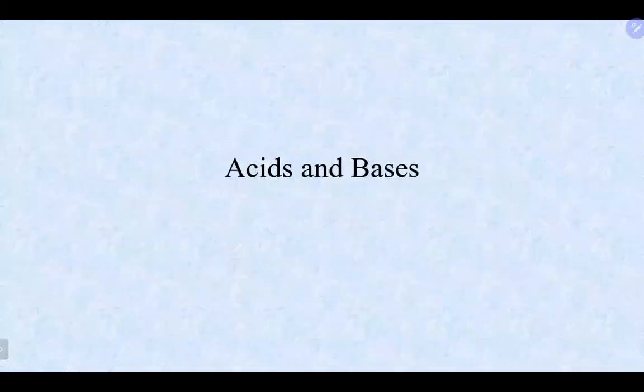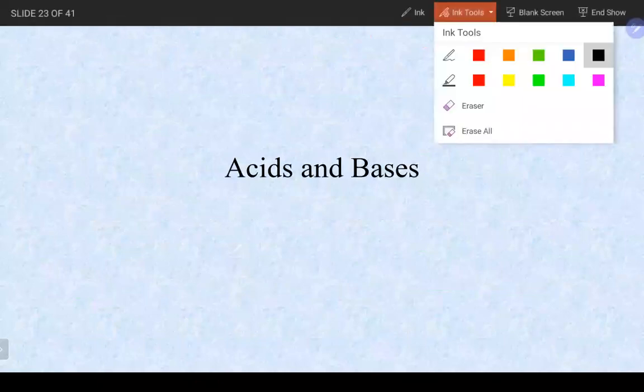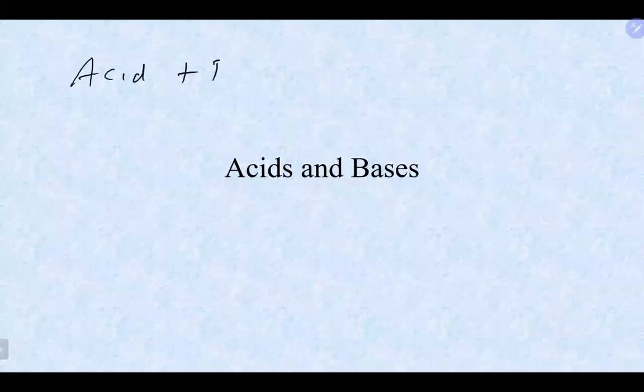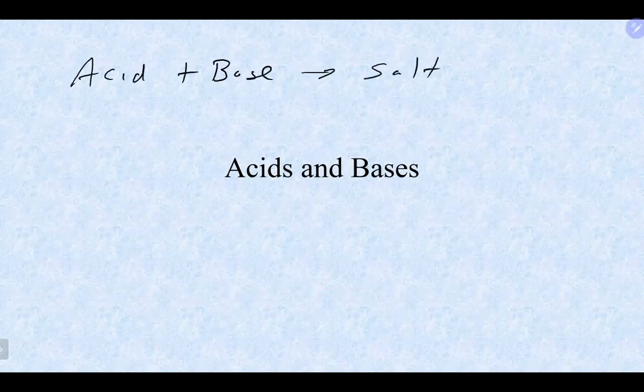So let's talk a little bit about acids and bases. Acid and base reactions also fall under double displacement reactions. Typically, whenever we take an acid plus a base, we get a salt plus water, and a salt is really just an ionic compound.